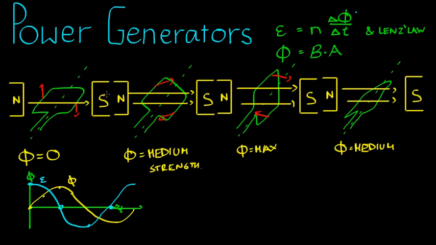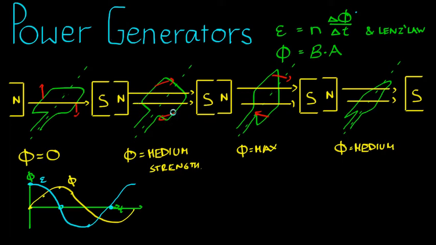So first point, well, there's no flux, so we're going to have to look at this point here. The flux has increased this way through the loop. Lenz's law states that a current will be induced to oppose that change in flux. So we want current to be induced, which will push flux this way through the loop.